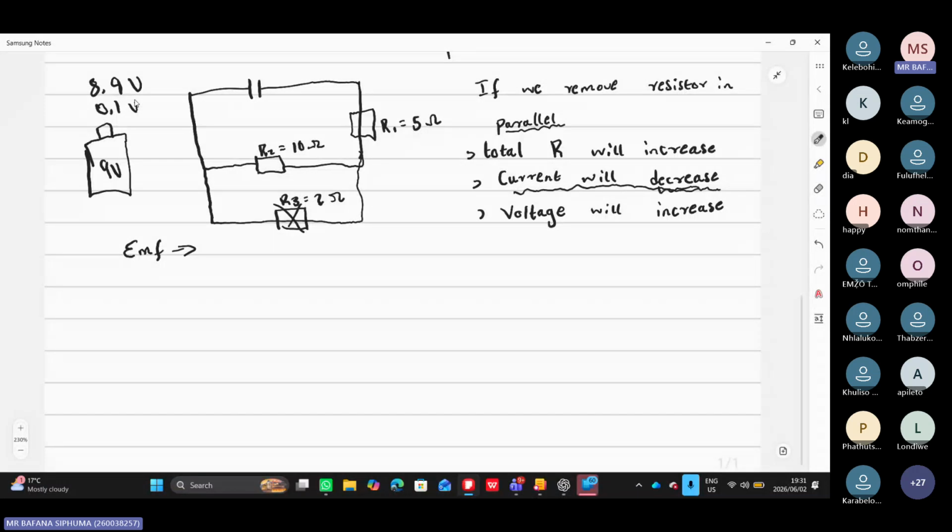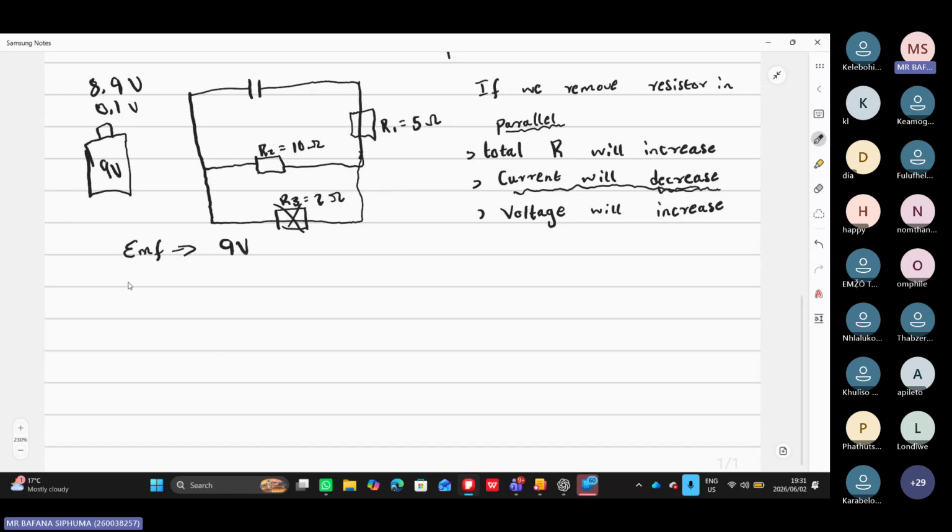So that is where we talk about the internal resistance and the internal voltage. Okay, let me break this down. EMF is the maximum energy provided by the battery per unit charge. So your EMF is actually going to be 9V in this case, in my battery.